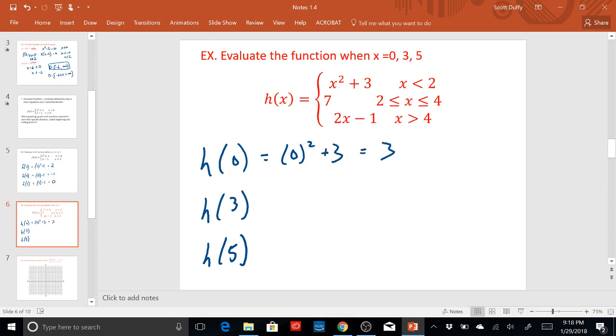For 3, 3 falls between 2 and 4, so I just get a constant of 7. And then 5 is greater than 4, so I'm going to use this function, 2x minus 1, plugging in 5 for my x, and I get a value of 9.